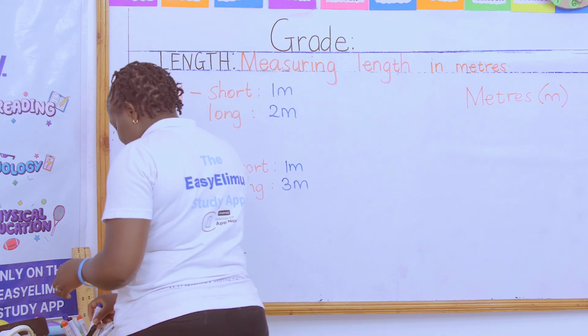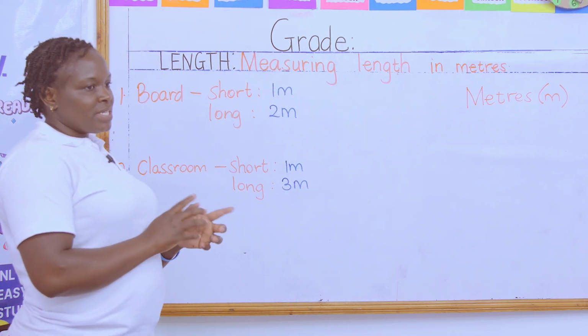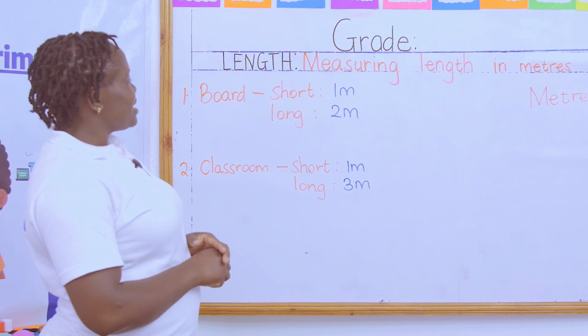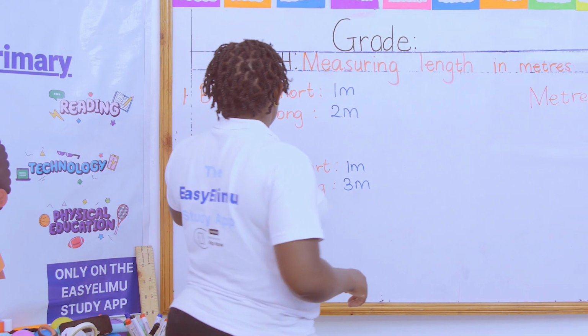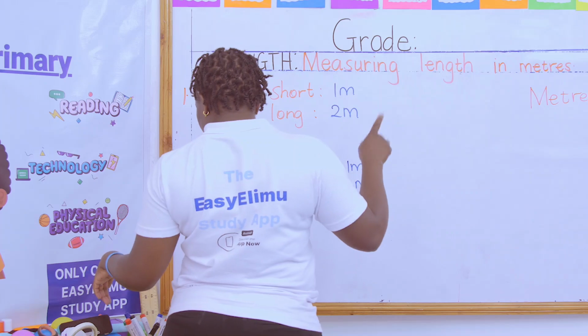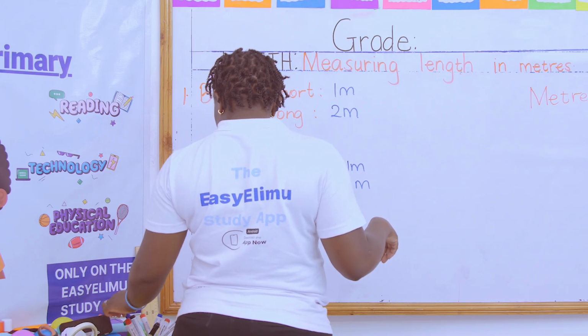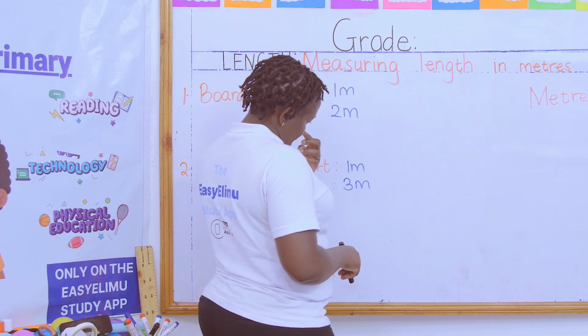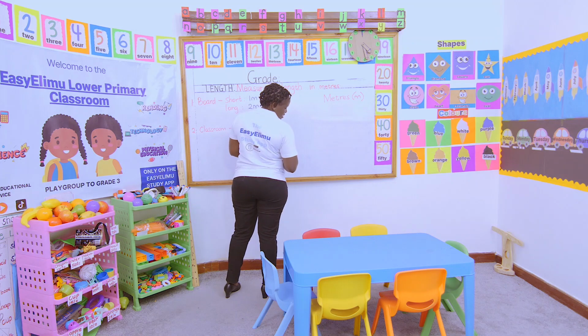So what can you say? Somebody tell me something. We are saying measuring the length in meters. The short side of the board is 1 meter and the long side of the board is 2 meters. So what do we say?